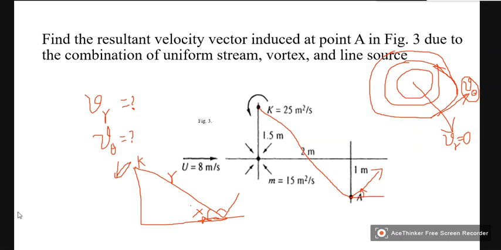If I call this some alpha, now what is this distance? From here to here, it will be 2.5. So this is 2.5. And what is this value? 2 meters.